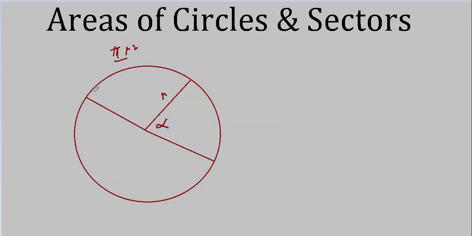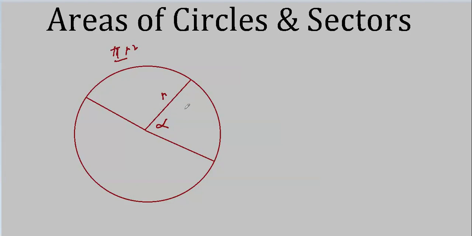You may have intuitively just spotted that this was half of the circle, so it must be half of the area. But if you gave it a little more thought, you might have said, the circle is 360 degrees. This is 180 degrees, which is half of 360. So I'll take half of the area, and that'll give me the area of this sector. And you'd be right there too. So that's what we're going to do.